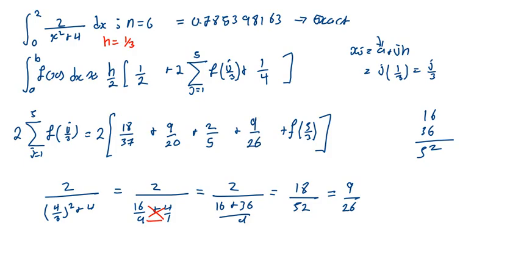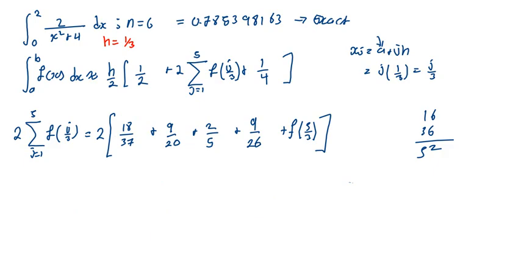Okay, now the last part, which is f of 5 over 3. So we have 2 over (5 over 3) squared plus 4, which is equal to 2 over 25 over 9 plus 4 over 1.